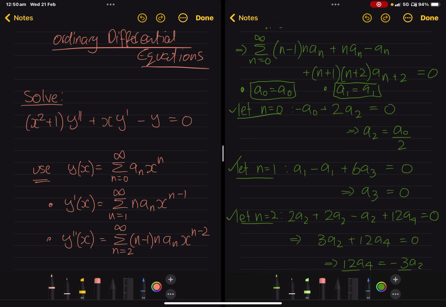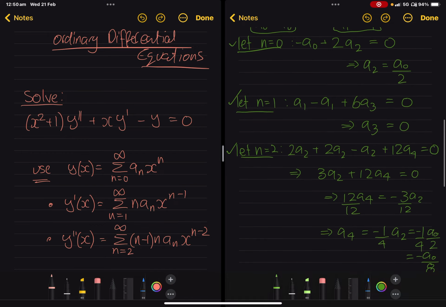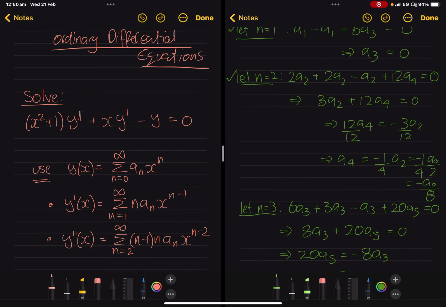This told us that a2 was a0 on 2. And then when we did n equals 2, we got 2 plus 2 minus 1, which was 4, minus 1 is 3, and this became negative. So we had a4 was negative a2, and then a2 we knew was just a0 on 2.